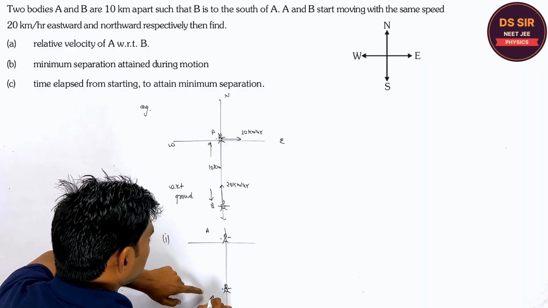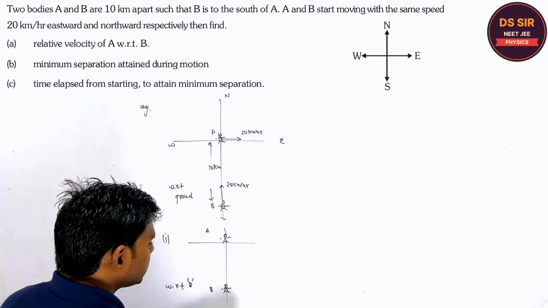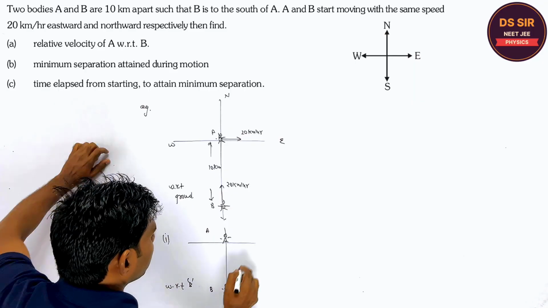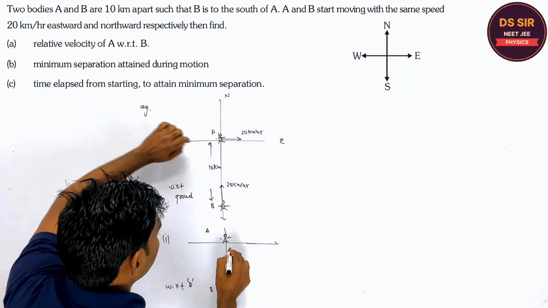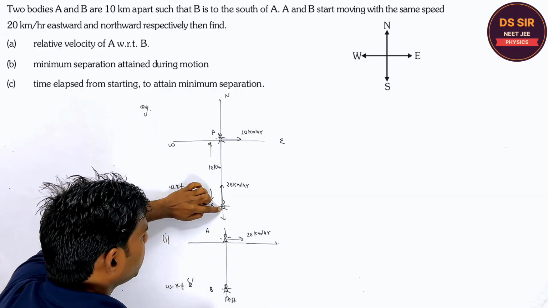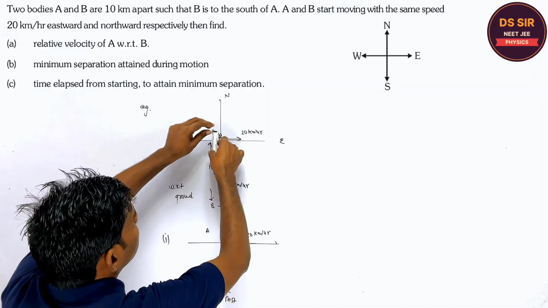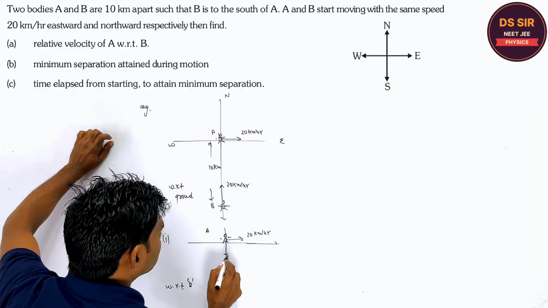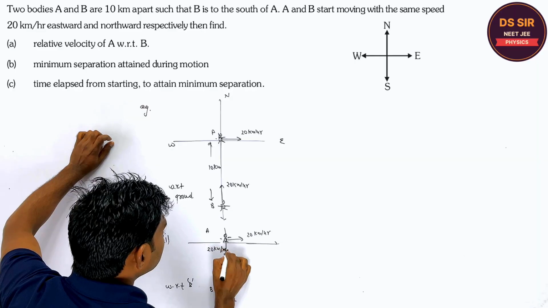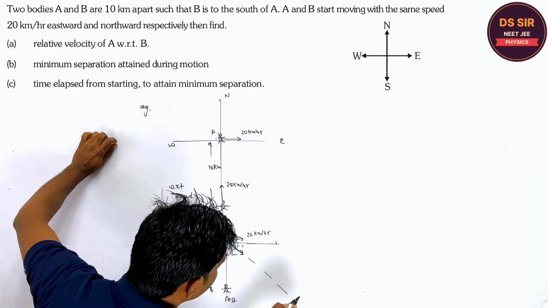This is A, this is B. With respect to B, it means B is to be at rest, and it is already moving with 20 km per hour. So to find the relative velocity of A with respect to B, its velocity is transferred in the opposite direction. So this is 20 km per hour. So what is the resultant velocity? Tell. The resultant velocity is like this.